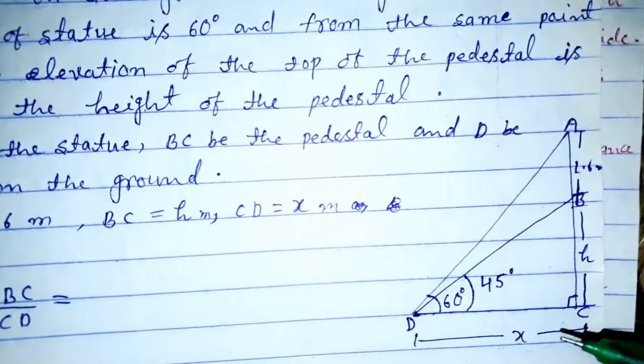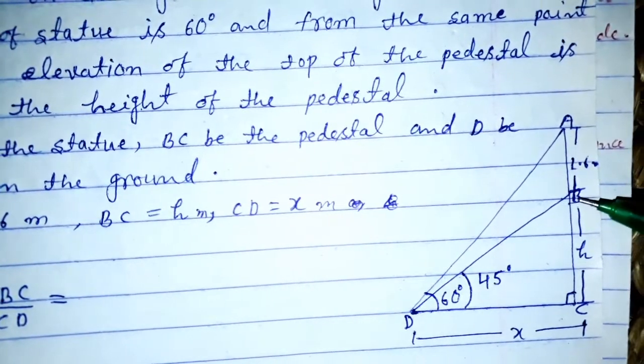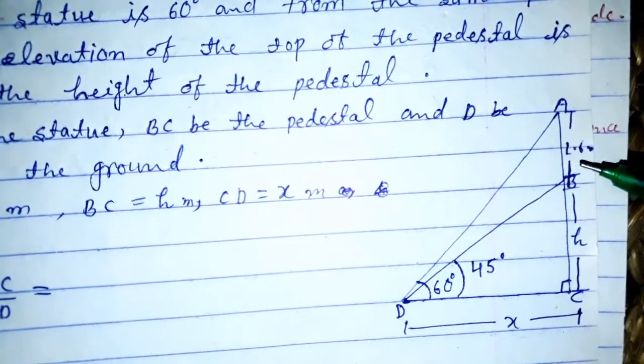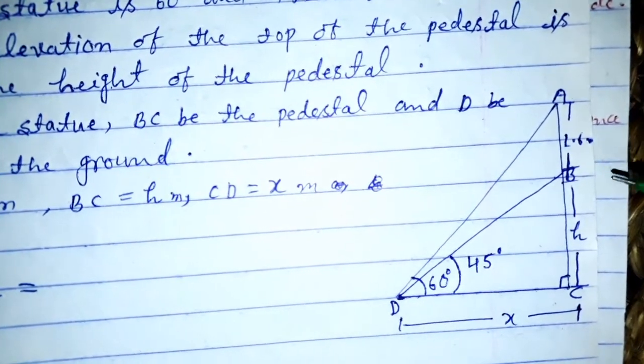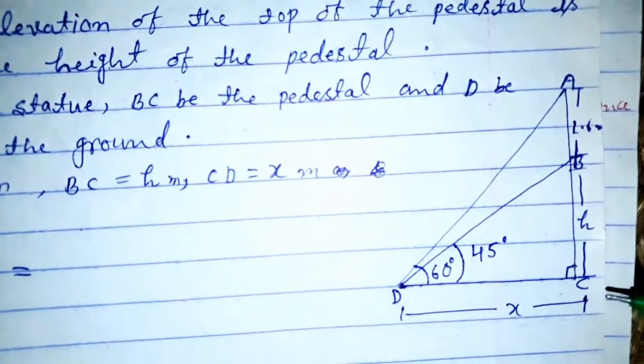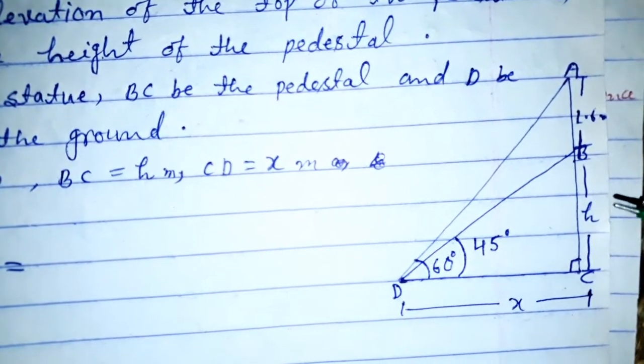So here AB is the statue, the height is 1.6 meters, and BC is the pedestal.